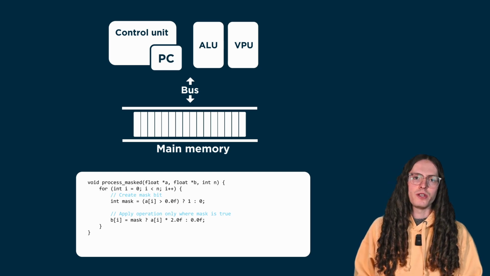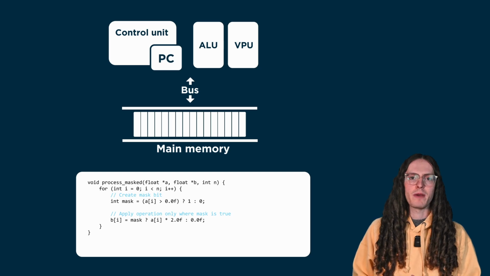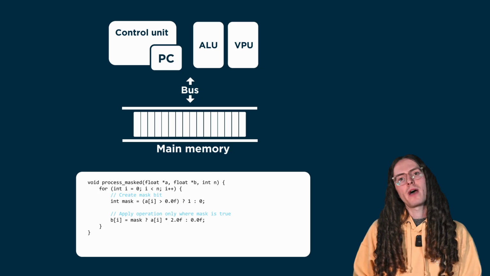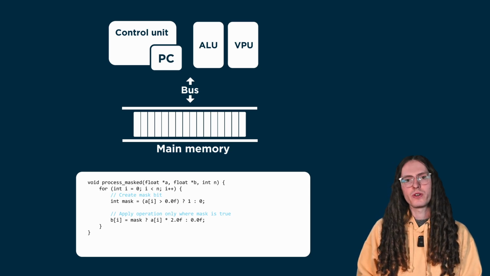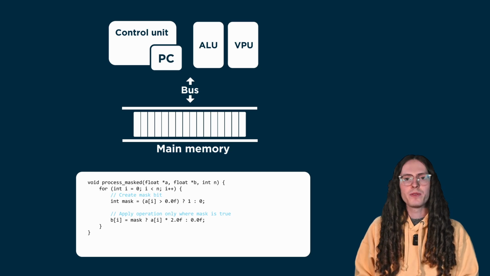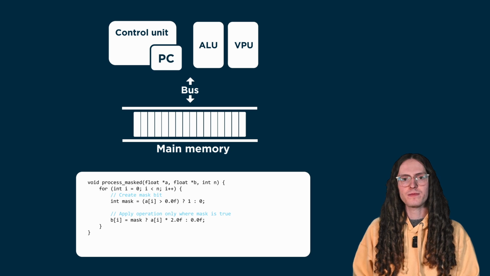Sometimes compilers can deduce that a piece of code may be vectorizable by means of masking, and will automatically vectorize your code for you. But more often than we'd like, the compiler won't be able to reliably do so if the logic becomes too complex for it to handle. In that case, you can help the compiler by implementing the masking manually yourself.